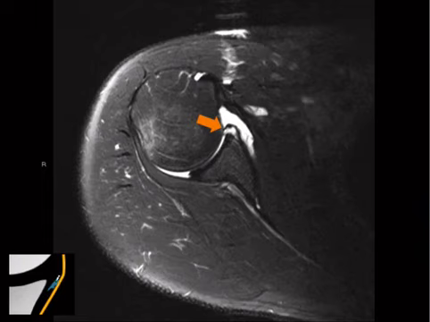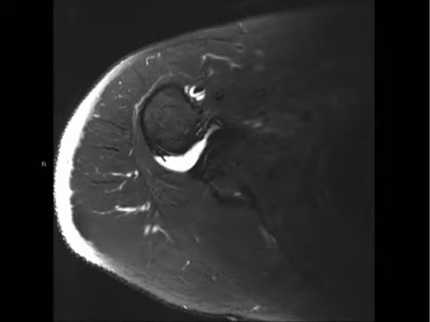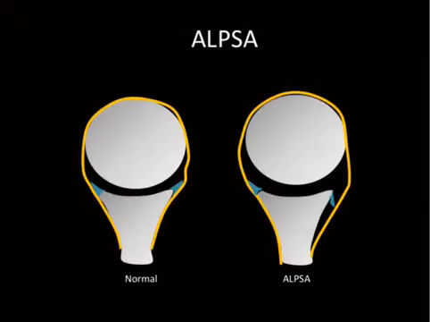So, see this cartoon here? Alright, as opposed to this, which is the ALPSA, which is the scarred back one. And the way that I remember that is, I think about this as the S for scarred.